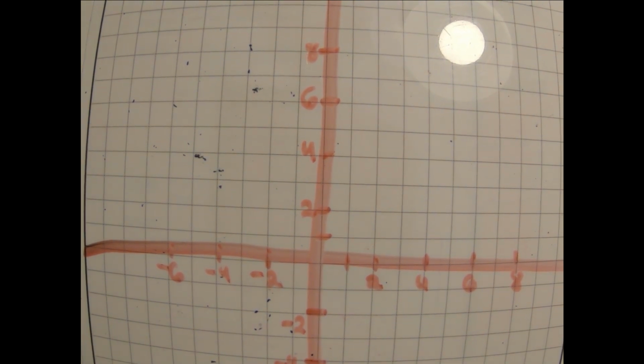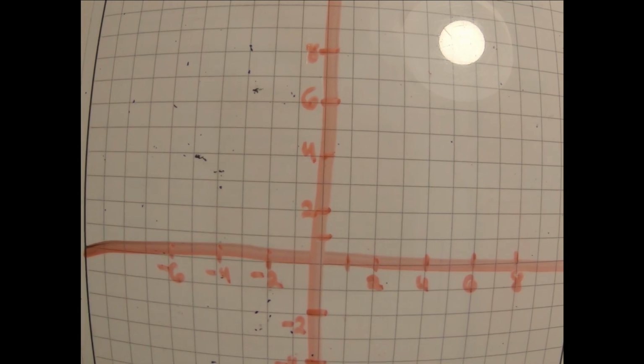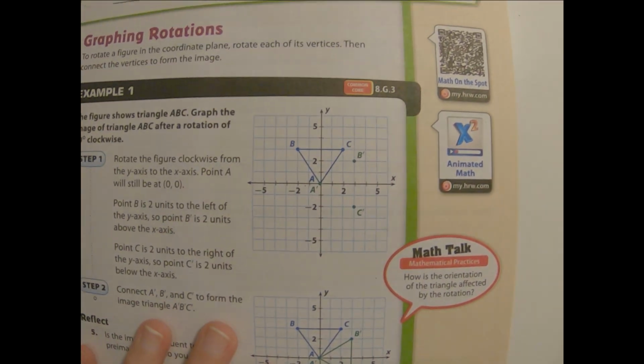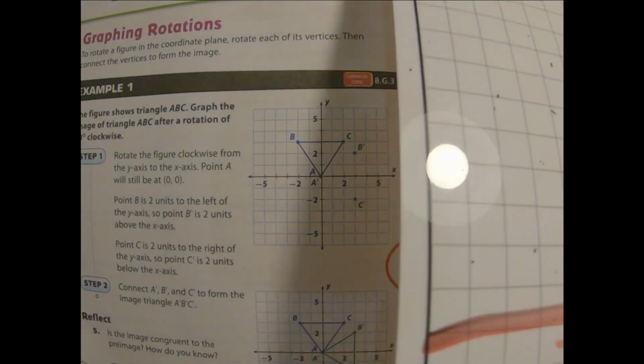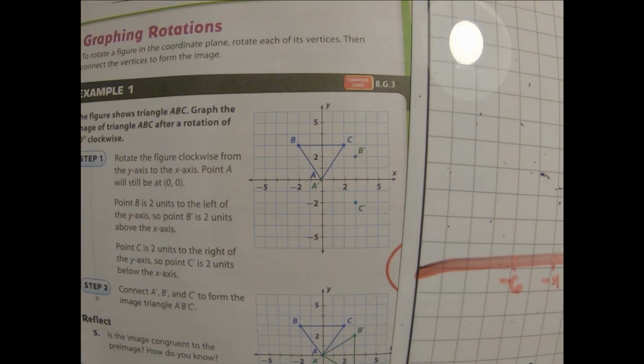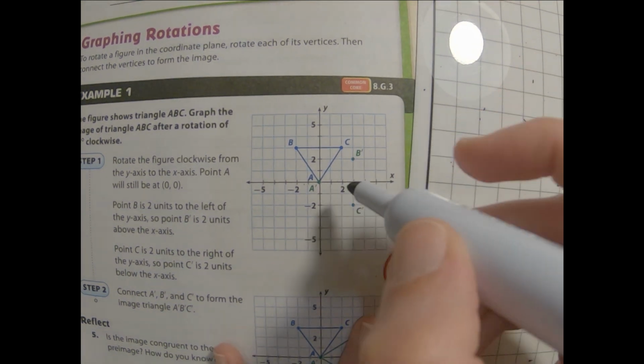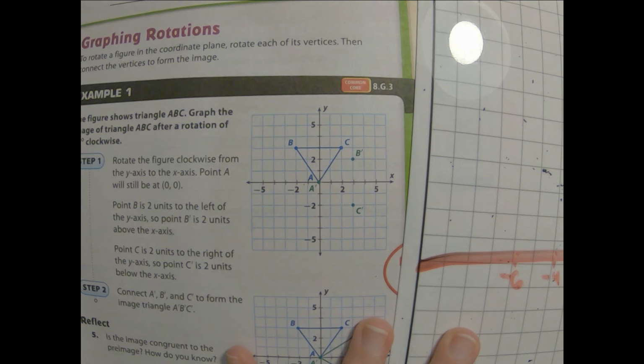All right, I will use another color to draw the original triangle that we're given. In this case, it's triangle ABC, where A is at the point of origin, C is at (2, 3), and B is at (-2, 3).